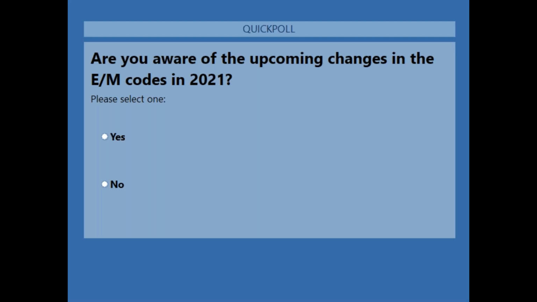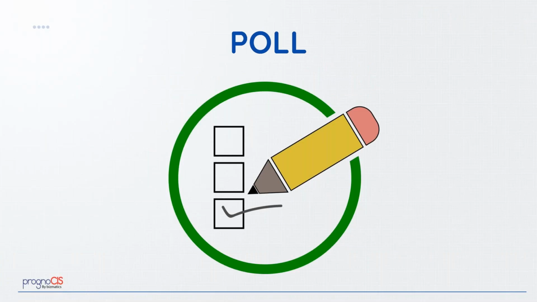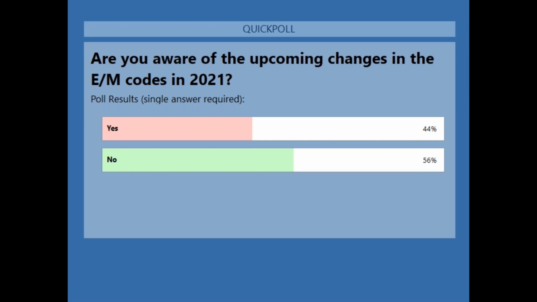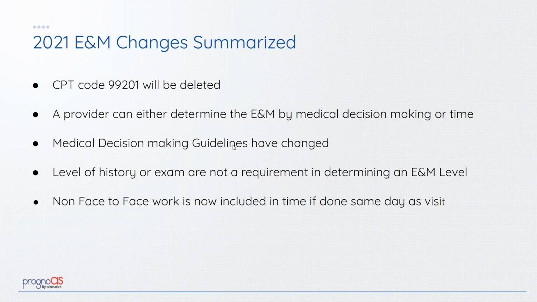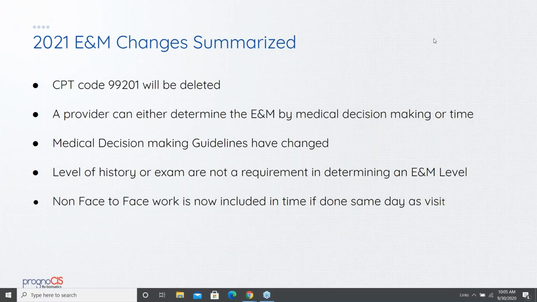Okay, just a few more seconds and I will close it. So the answers, 44% say yes, and 56% say no. So with that, I am handing over the session to our first presenter. Melissa, it's over to you now.